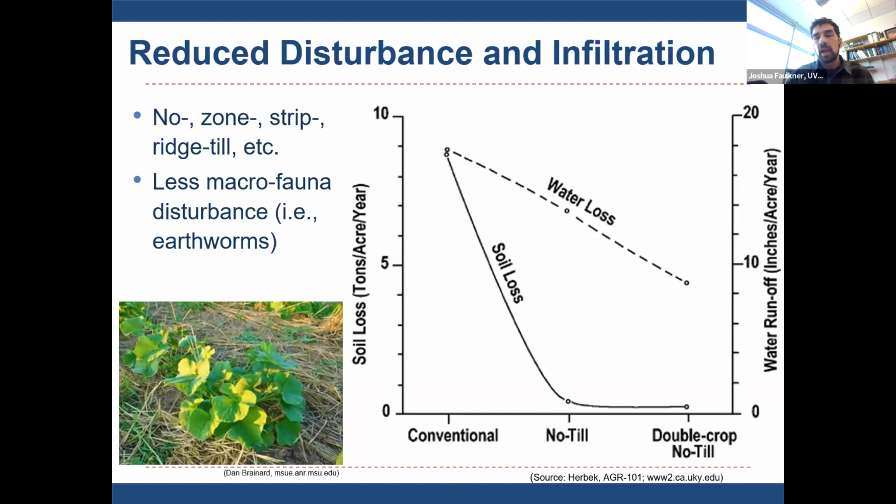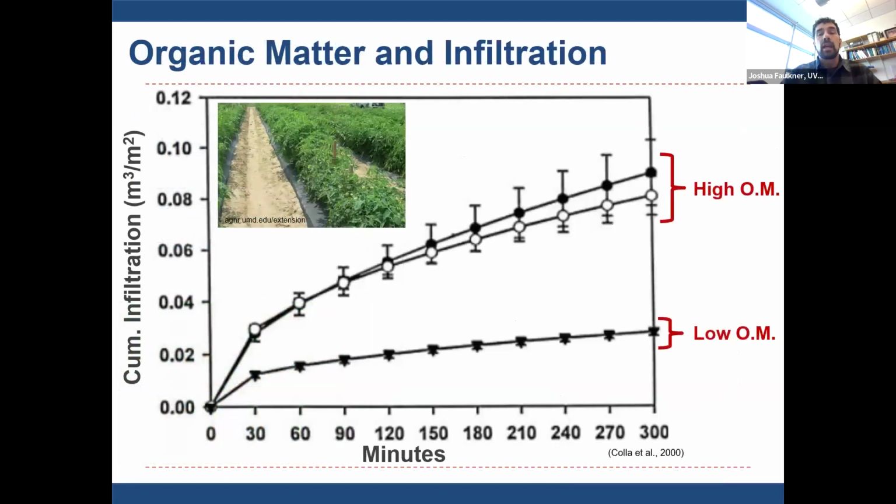We reduce physically destroying the structure of the soil that currently exists within the profile. And then we also avoid a disruption of biological habitats within the soil, which take time to reestablish themselves. So it really works in two different ways. And then organic matter.